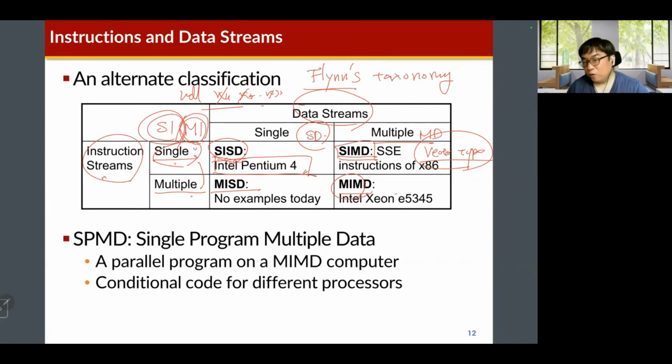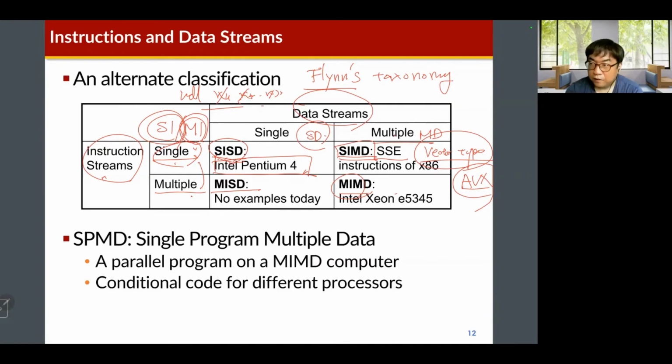For example, this is SSE instructions in the x86 architecture. Also recently, the x86 architecture supports AVX. So these are examples of vector type instructions and SIMD. So most commercial processors support SIMD type instructions.